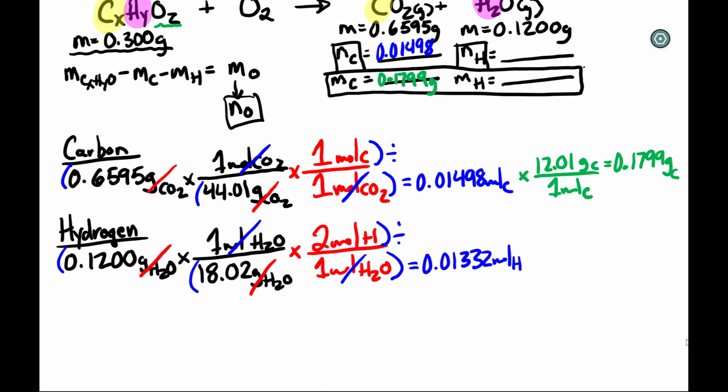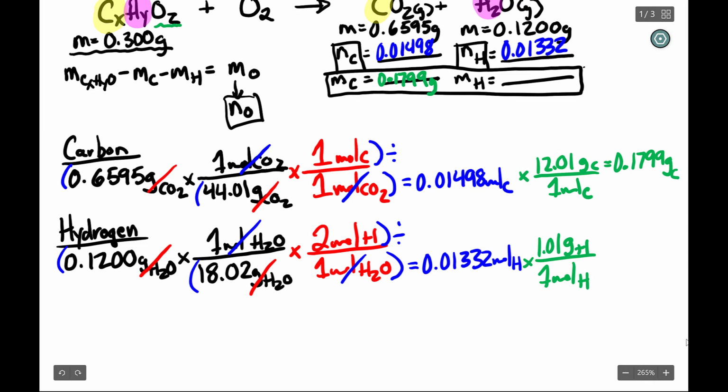So again, I'm going to go to the top of my page here. I'm going to place this in here. I have 0.01332. I have to figure out the mass of hydrogen though in order to figure out the mass of oxygen. So for every 1 mole of hydrogen, it weighs 1.01 grams.